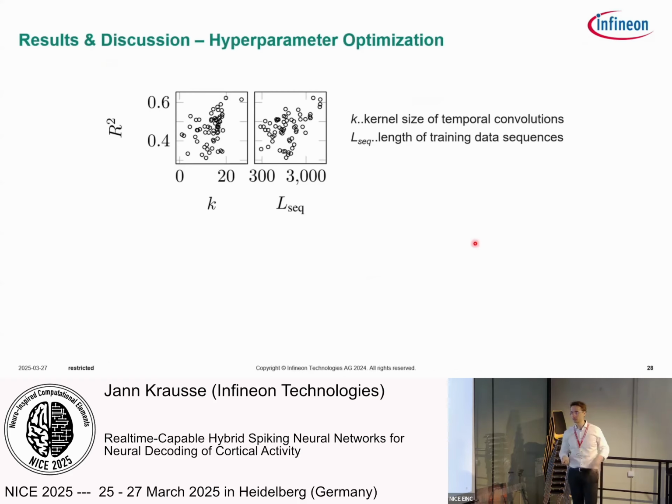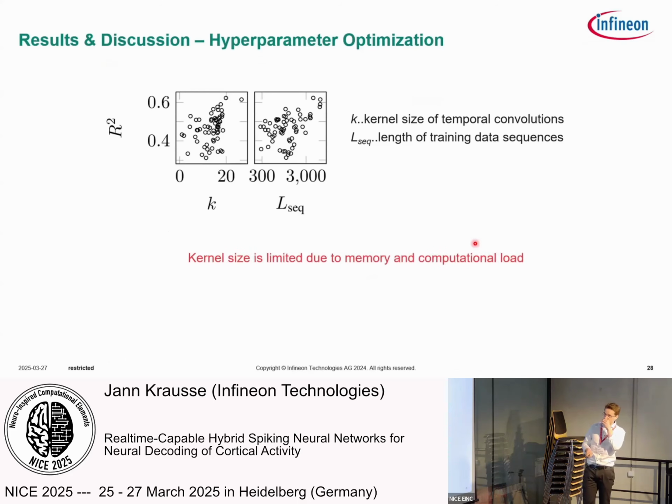However, you cannot really do that in an unlimited fashion. First of all, a large kernel size means you have a high memory footprint, which is bad. And second, having more parameters also means higher computational load. So this is a trade-off that you have to consider. And we will speak more about this throughout the rest of the talk. You will see what that really inflicts here.